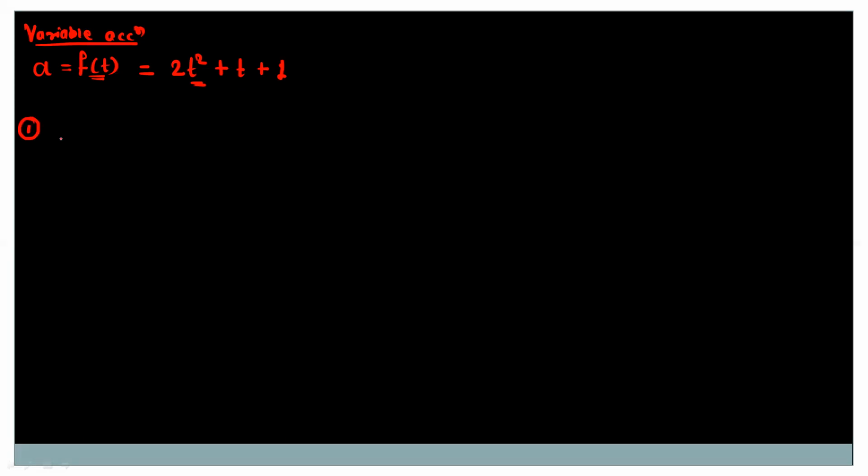So you can note down this first problem on the variable acceleration. So acceleration of the particle in a rectilinear motion is given by the equation a is equal to kt square. This is meter per second square.